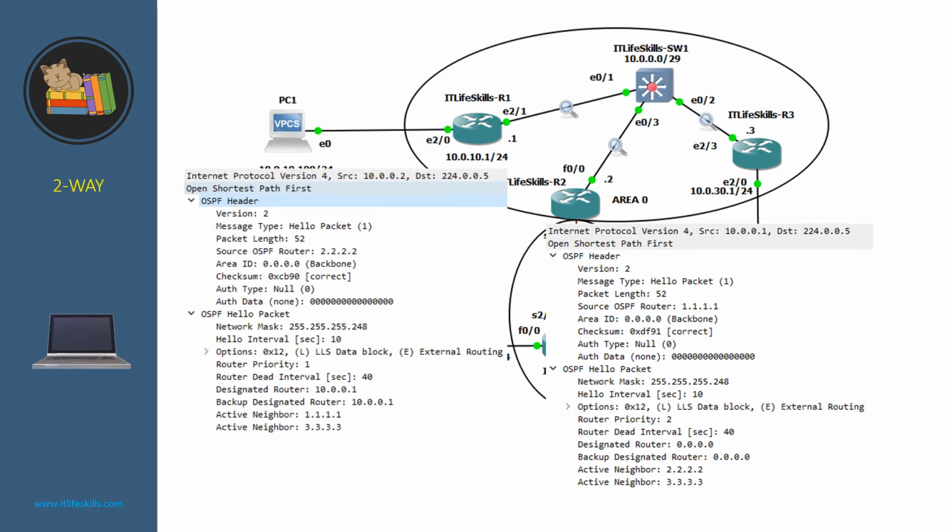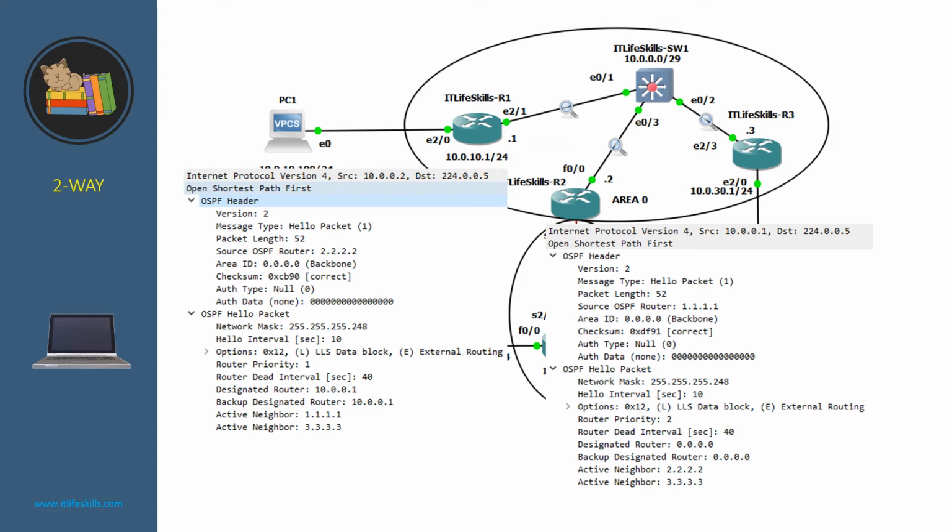Similarly, here is a hello packet that router 1 received from router 2, and in this case, router 2 listed router 1 and router 3 as the active neighbors, which allows router 1 to transition into the two-way state.